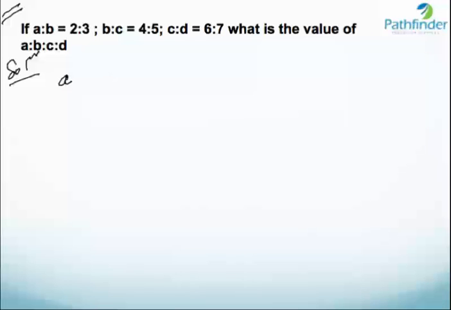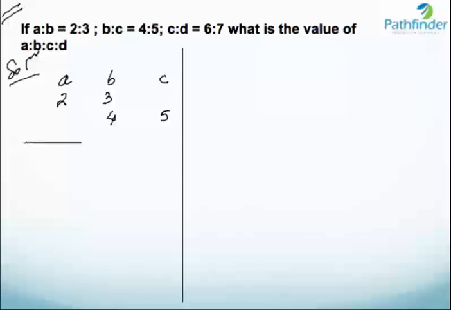We have A, we have B, we have C. And in this first step, we can write A as to B as 2 as to 3, B as to C as 4 as to 5. And now we can write A as to B straight away as, for B we multiply 3 and 4, we can write here 12.